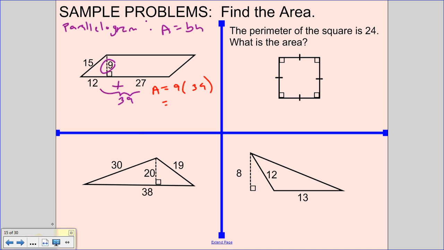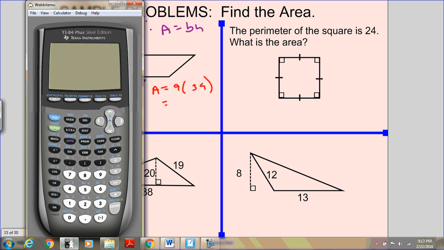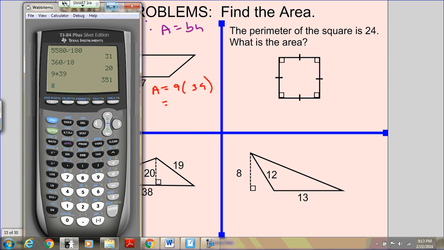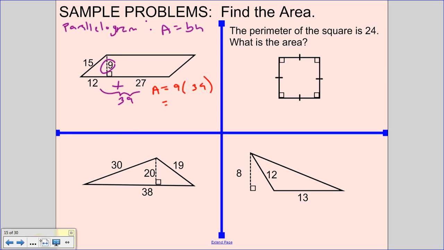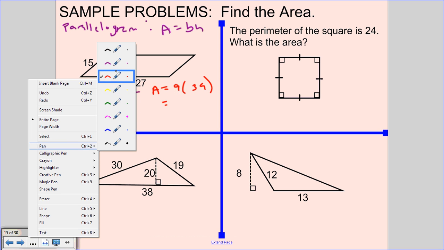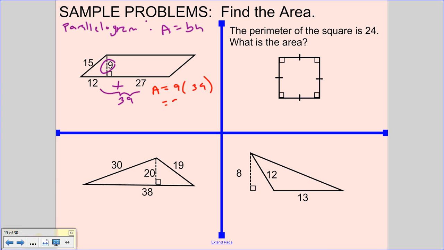And let's grab my handy dandy calculator. And you get 351. 351 units squared.